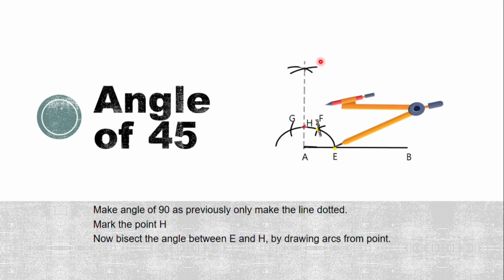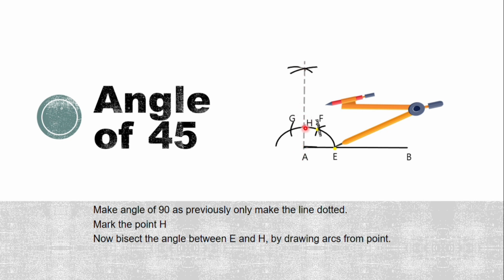If we want to draw an angle of 45, we will first of all draw an angle of 90 degree. Again, using the same procedure as before, just with a difference that we will not make the line a solid line but a dotted line with a milder, lighter color.